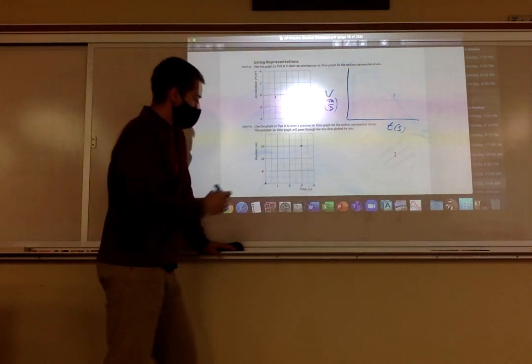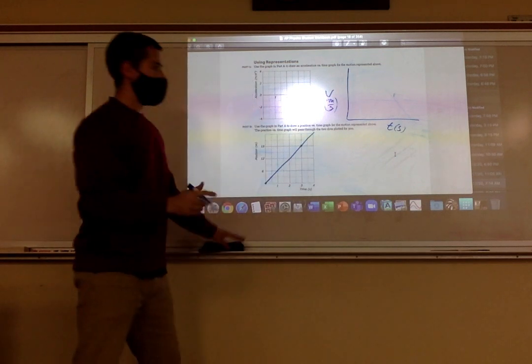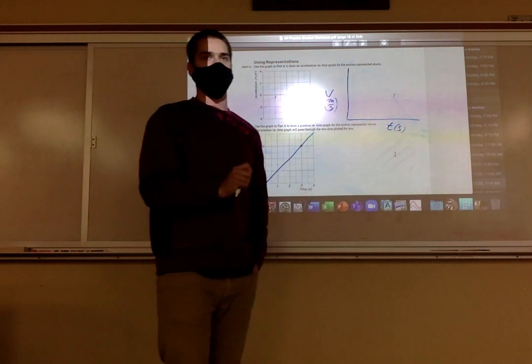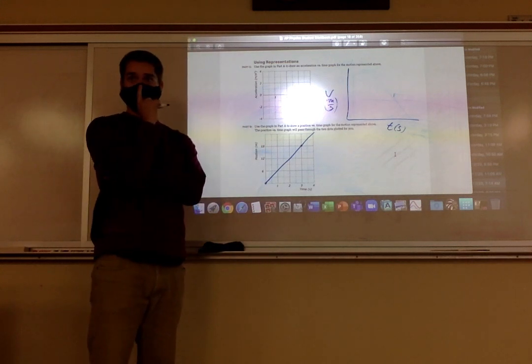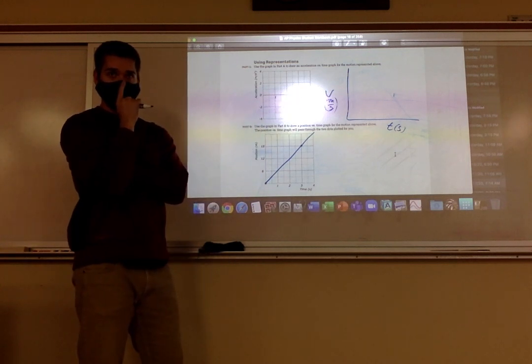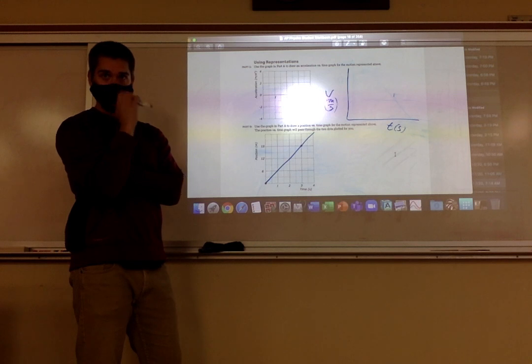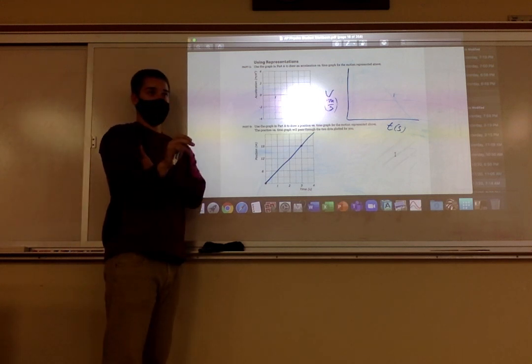What happens if my position looks like this? We're making up our own scenario now. This is the position of my object. Let's plot velocity versus time. Well, let's see if that's true or not.